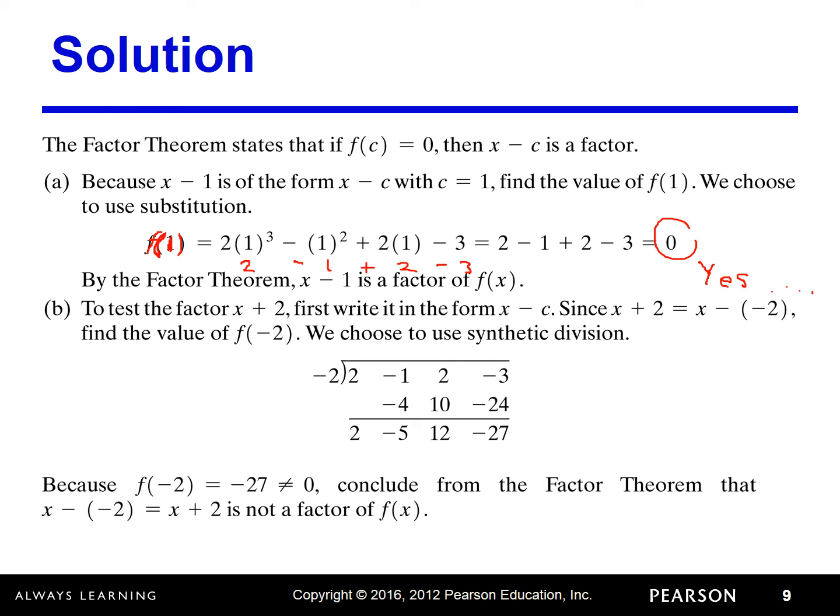To test the factor x plus 2, write it in the form x minus c. And as we were saying, the c is negative 2. Now, we're not actually following the factor theorem here. We are going to do the division directly, and we're going to use synthetic division.